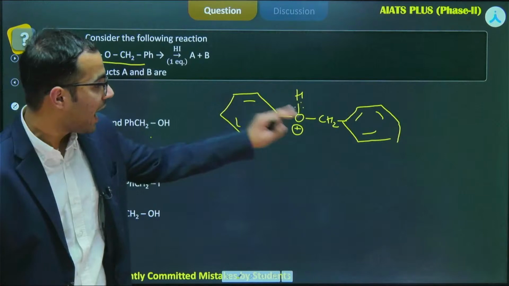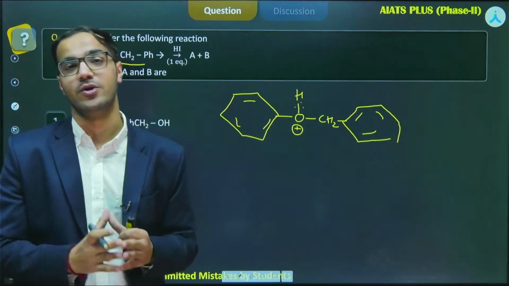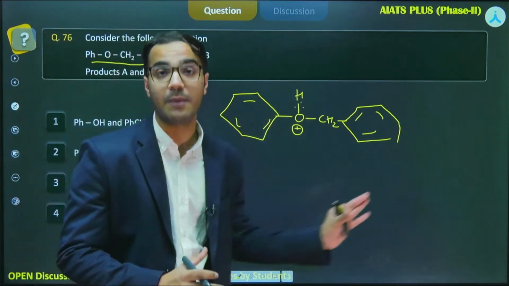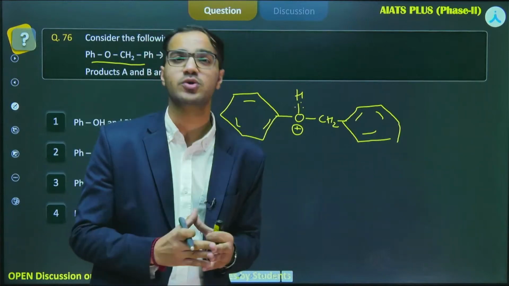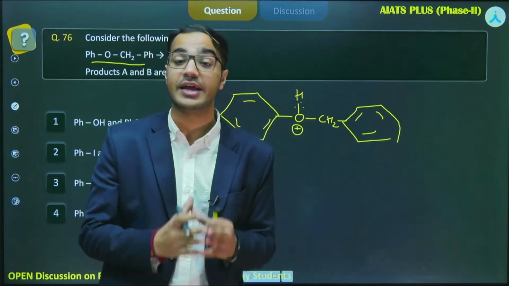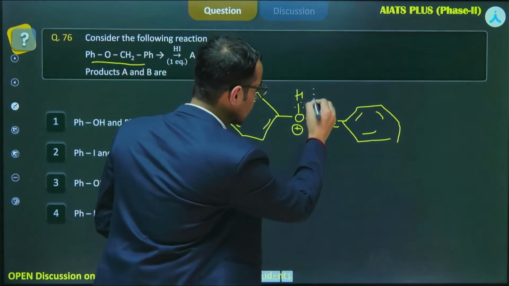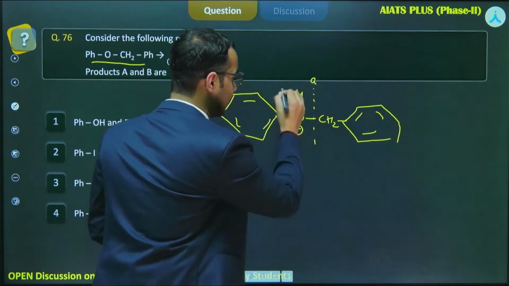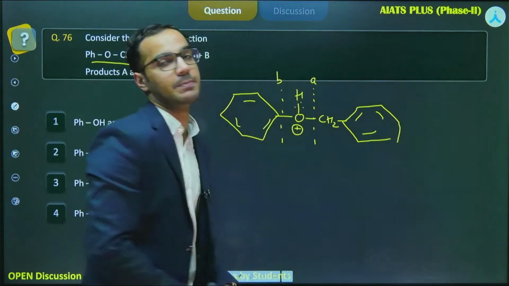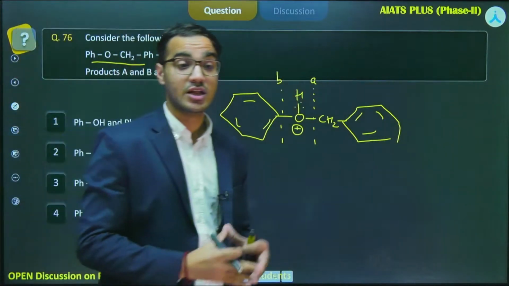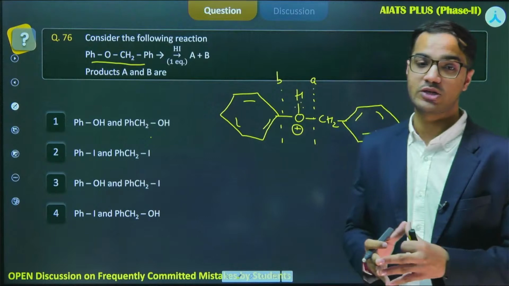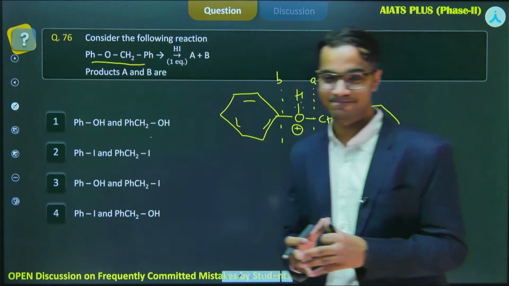Okay, and after this, now you have two possibilities. At which position will the C-O bond breakage take place? You have two options. The first one is this, the A part, and the second one is this, B part. Can anyone suggest which cleavage will take place, either A or B?